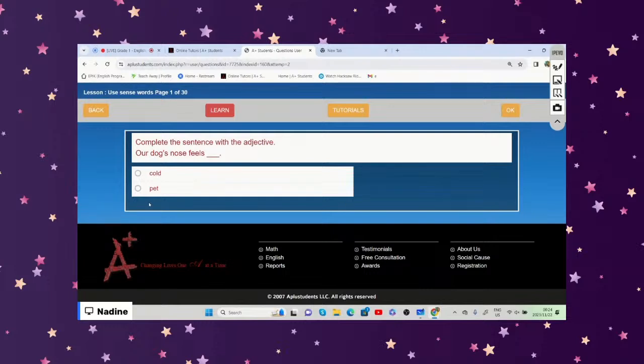So if we look at the test, it says our dog's nose feels. Does the nose feel cold or does the nose feel wet?